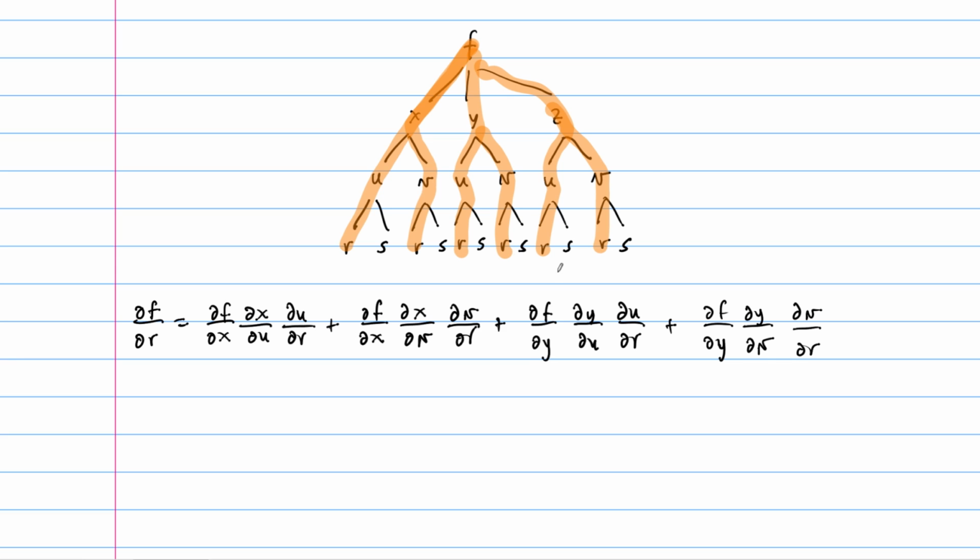So now we've got 4 of these, and there's 2 more. So I'll write the next 2 on the next line, but the next one's going to be df by dz times dz by du times du by dr, and then finally df by dz times dz by dv times dv by dr. And you have to take all these derivatives, multiply them together, and add them up properly to get the formula for df by dr, the change in f by r.